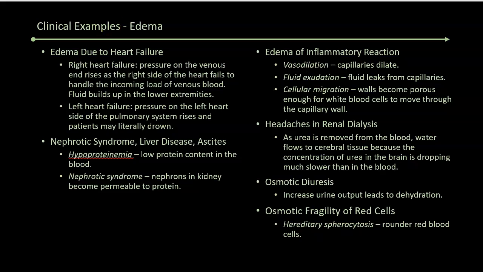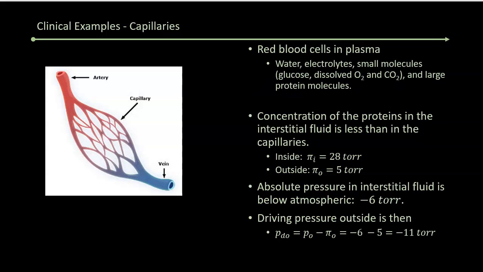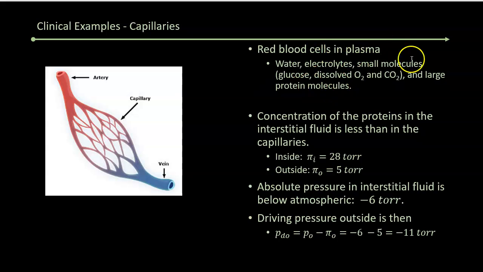So all of this is due to the balance of, let me go back here, what is the balance of electrolytes, small molecules, in the capillaries? How permeable are the capillaries to these? What are the pressures everywhere, right?